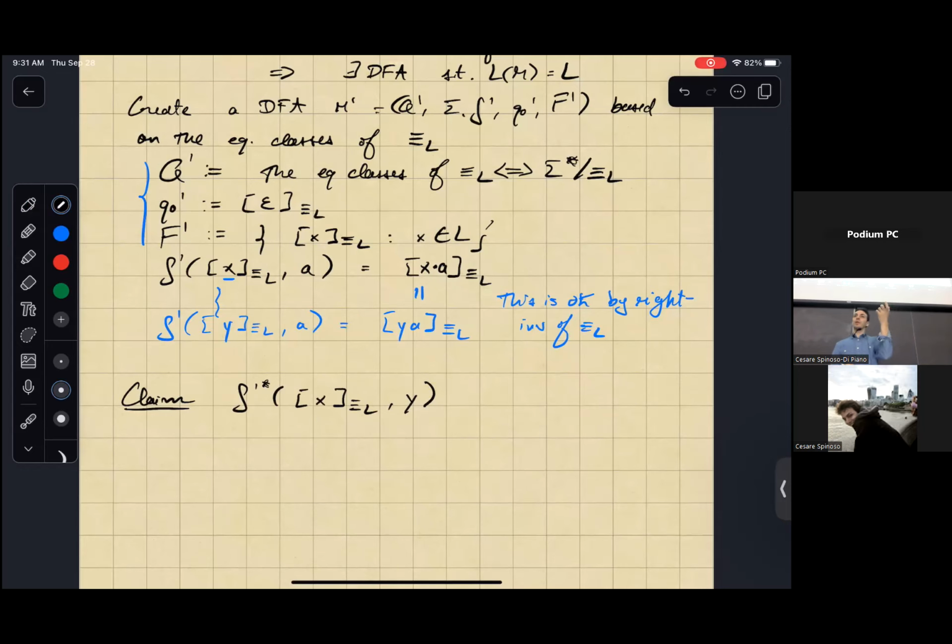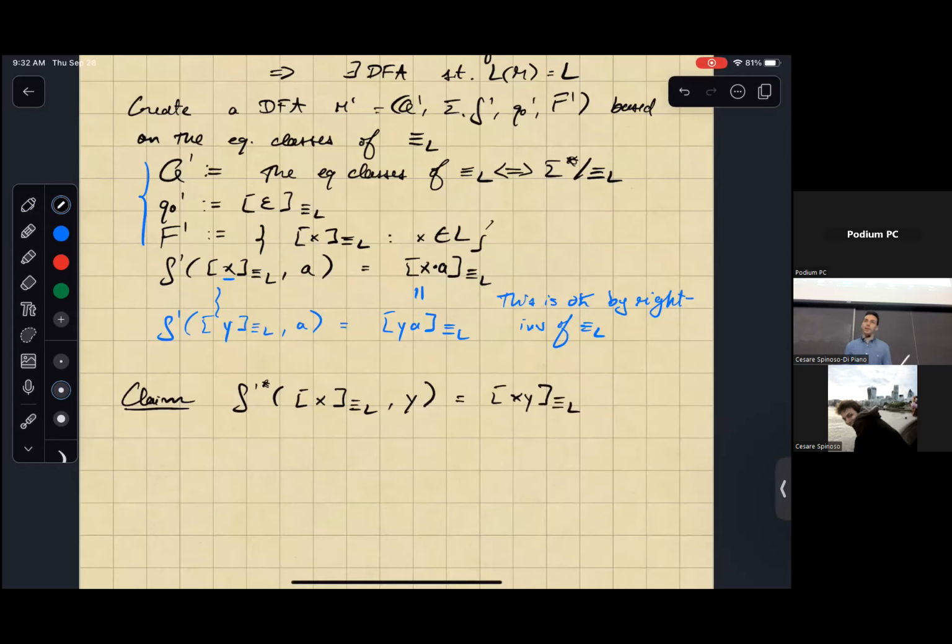It takes the first letter of y and concatenates it to x, then the second, and so on. In the end, this gives me the state with representative of the equivalence class xy.